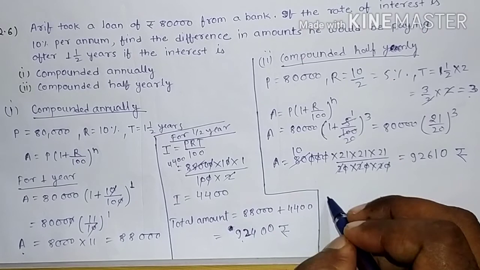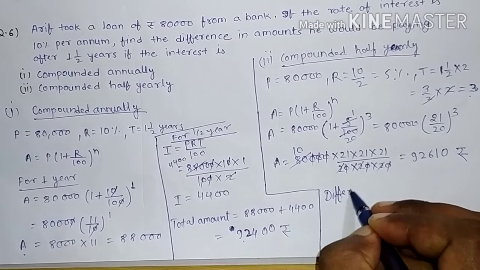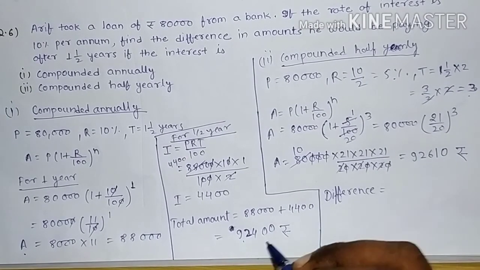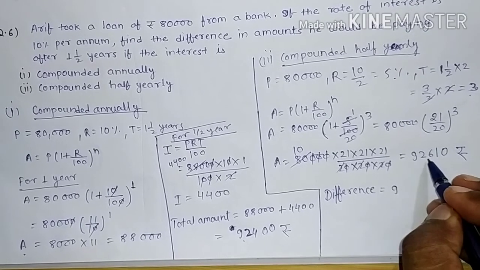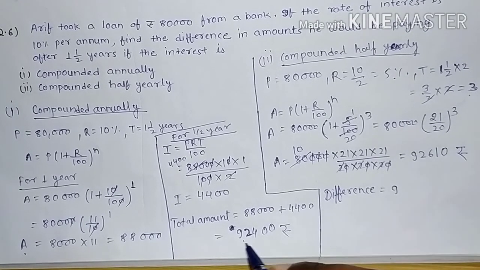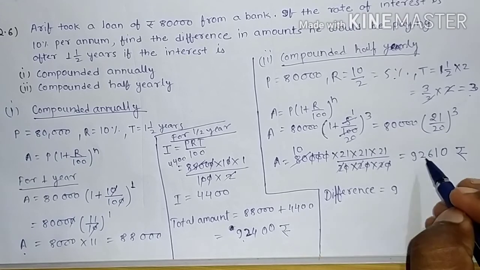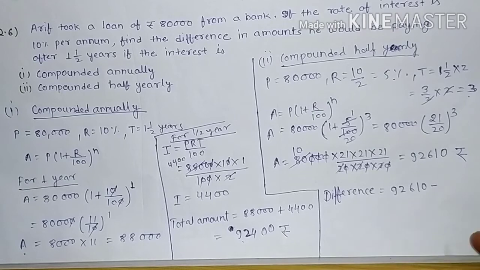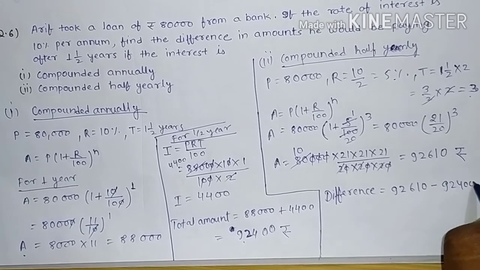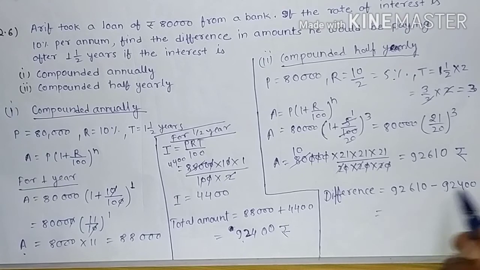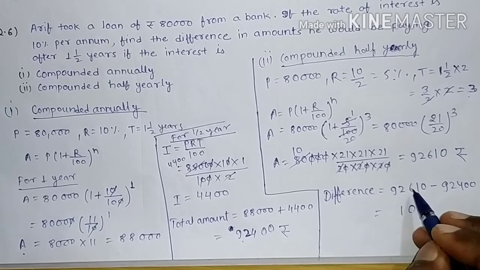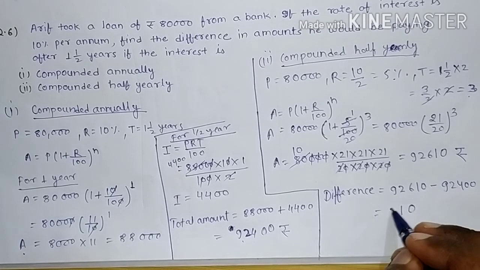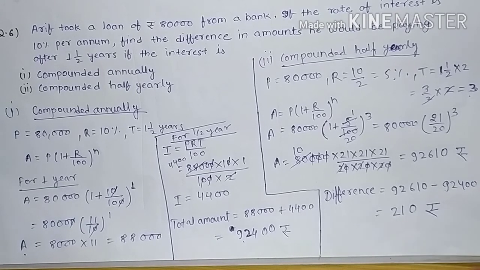The difference of amounts: 92,610 is greater than 92,400, so just subtract. 6 minus 4 is 2, giving 210 rupees. Now the difference of amounts equals 210 rupees. This is the answer.